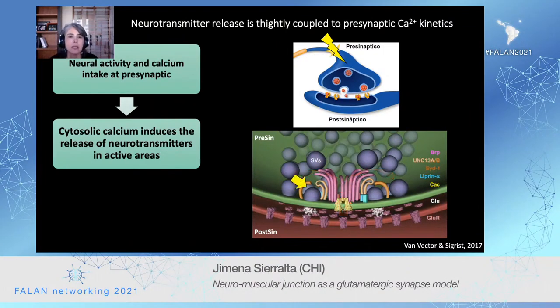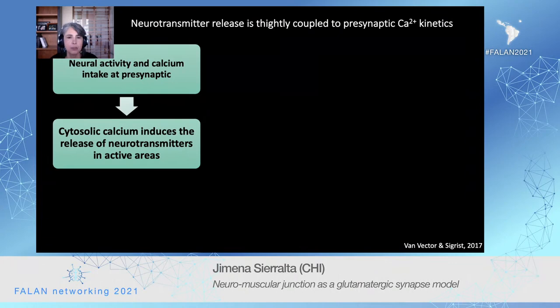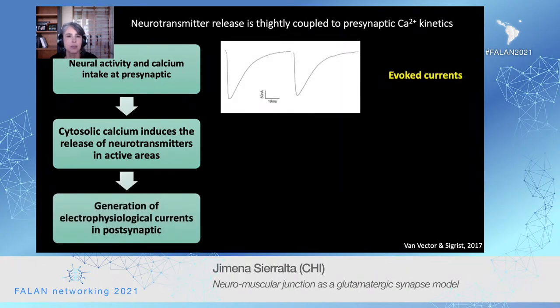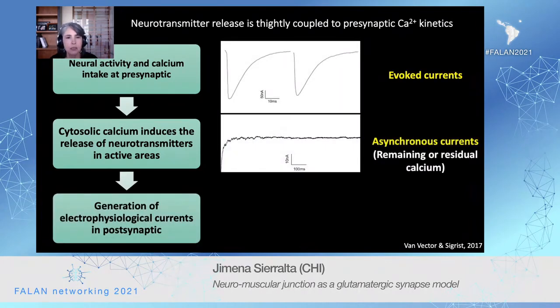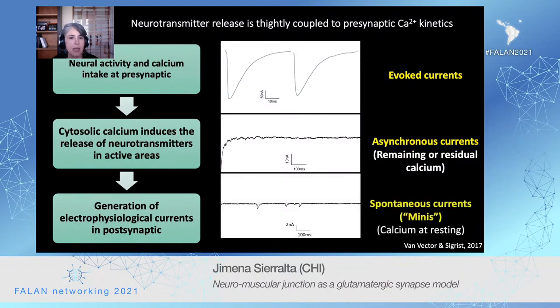Thus, we can record currents from the postsynaptic cell: evoked currents induced by the action potential, asynchronous currents that are the product of the residual calcium, and spontaneous currents, product of the resting calcium.